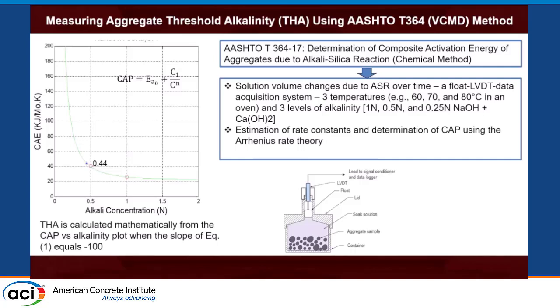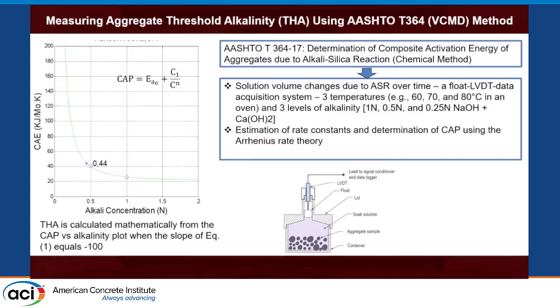And then we apply Arrhenius rate theory to calculate the compound activation parameter, CAP, as a measure of aggregate reactivity. The lower the CAP value, the higher the reactivity of the aggregate. On the left side curve, the y-axis is the reactivity CAP, compound activation parameter, and the x-axis is normality.